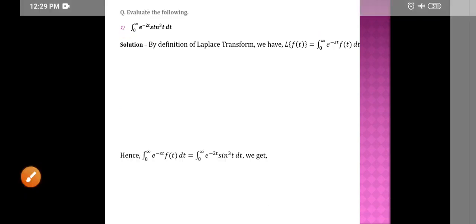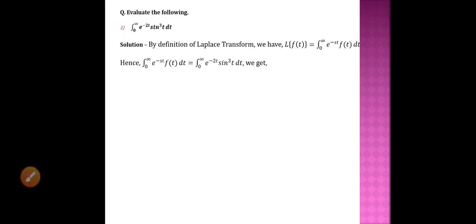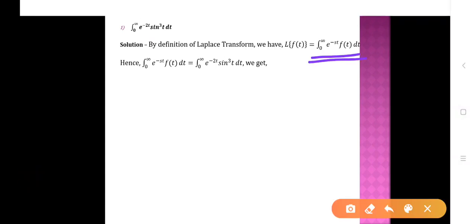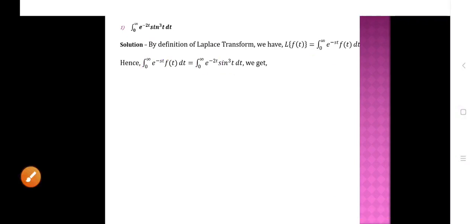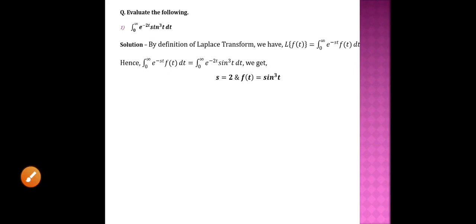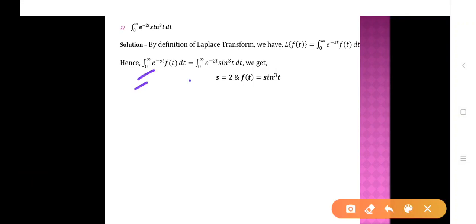Next, comparing the given integral with the definition of Laplace transform like this, we get s equal to 2 and f of t equal to sine cube t. So compare these two sides of the equality, you will get the integration is with the same variable and within the same limits.